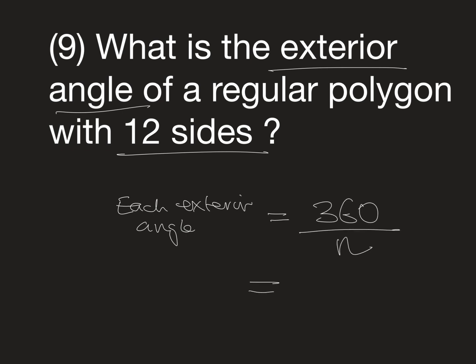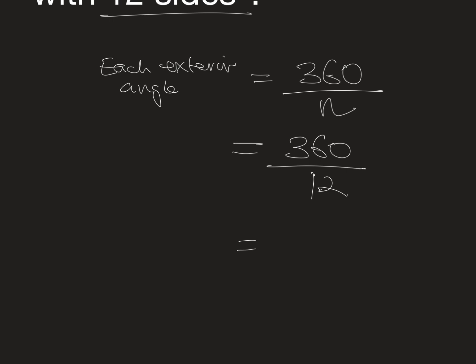So that's going to be 360 divided by n. That is the number of sides is going to be 12. So 360 divided by 12 is 30 degrees. Okay? So each exterior angle is 30 degrees. Remember, the sum of the exterior angles is always 360 degrees.